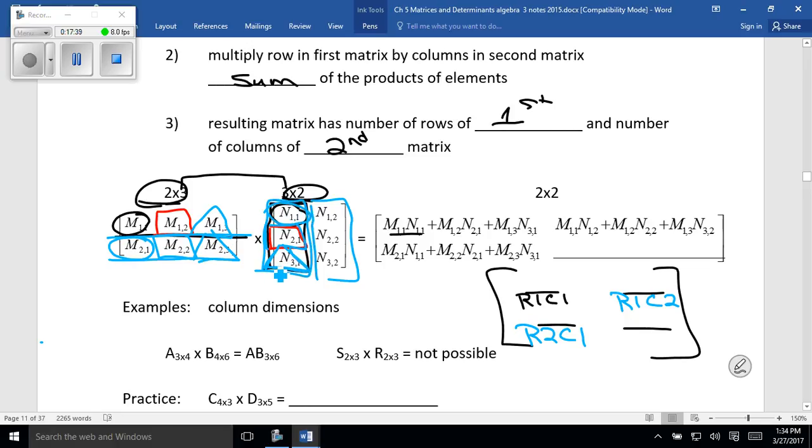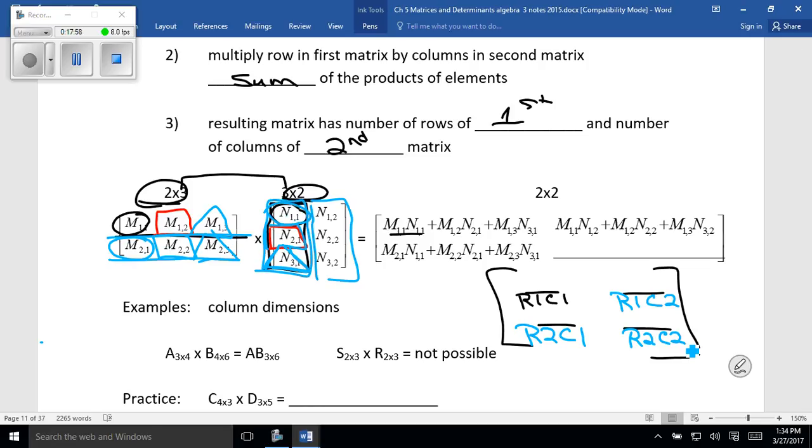Okay, so how do I fill in the last one? Row 2, column 2. If you write down where you're at, you won't mess up. But half the time, if you forget where you're at, is where we have trouble.